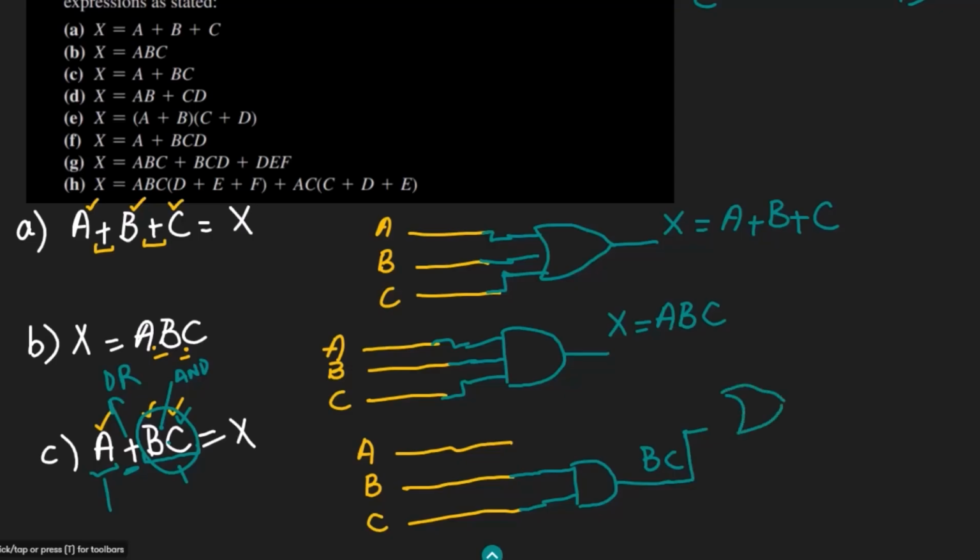Okay, which also has 2 inputs, so this BC is given to it, and similarly with it this A is also provided, and the output of it will be equal to what? A plus BC, and that is the answer of part C here. Okay, so here we can see that this is the circuitry which has to be implemented.